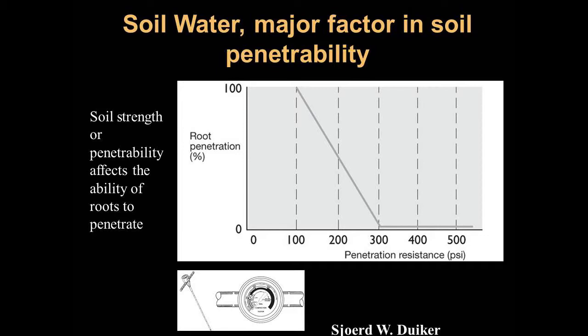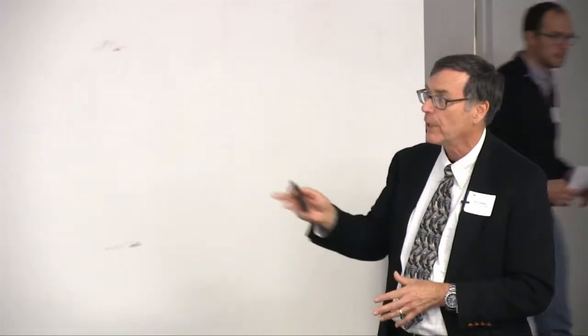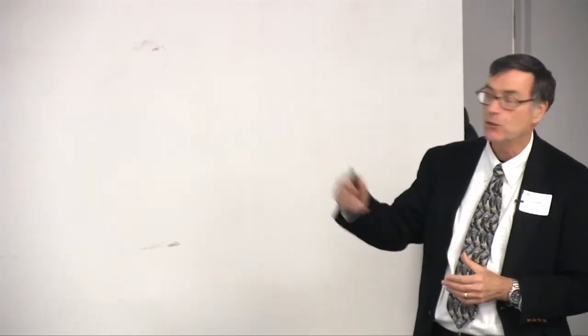There is a little bit of data out there. We don't really want to confuse penetrometry with density because, again, this is water dependent. Basically, the more water we have, the less penetrability we have. But if you're using those devices over 300 psi, you're getting to where roots aren't going to penetrate very well.